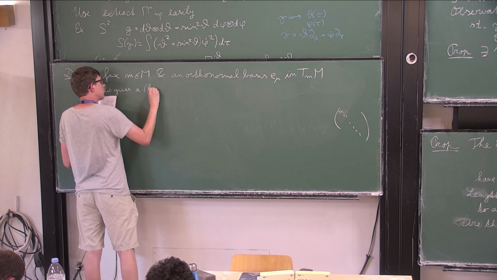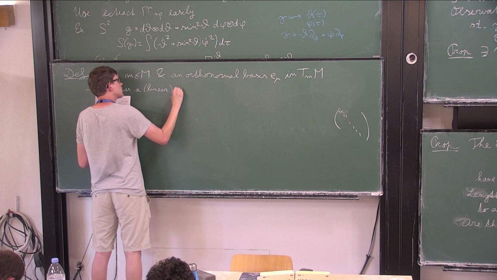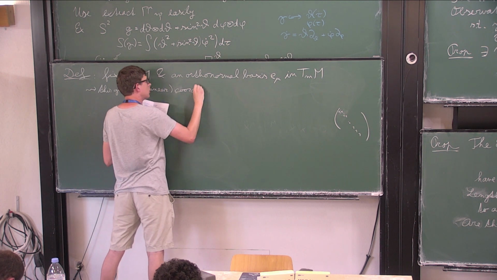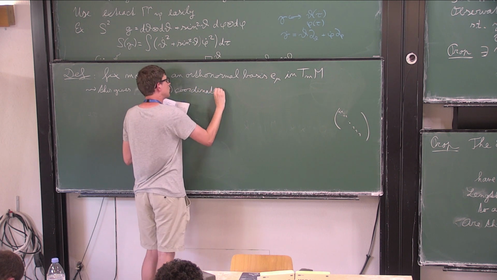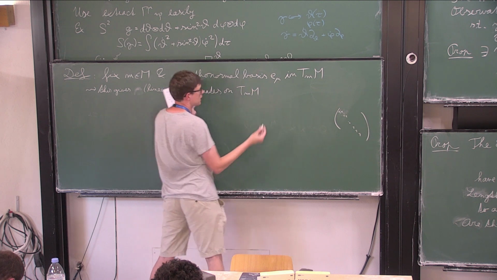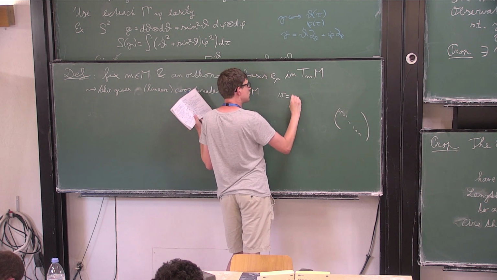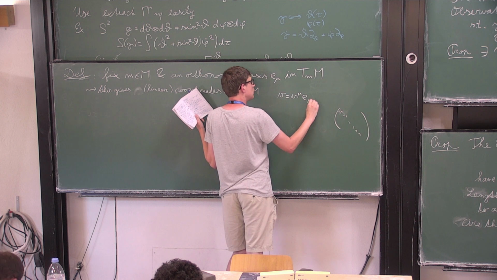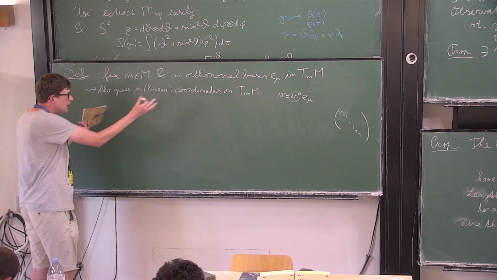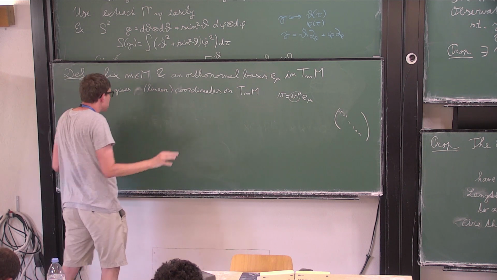So this gives you a linear basis, linear coordinates, on the whole T_m M, right? Because any vector you can write as v = v^mu E_mu, and these functions you can call coordinates.